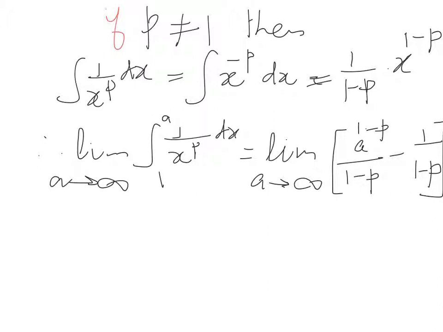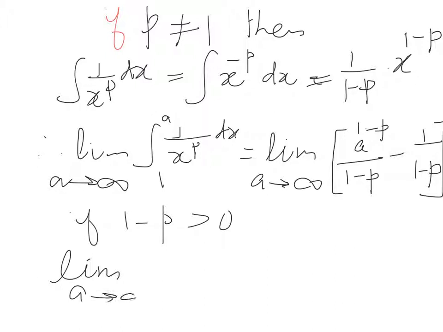Now, if 1 minus p is greater than 0, the limit as a approaches infinity of a to the 1 minus p over 1 minus p does not exist.